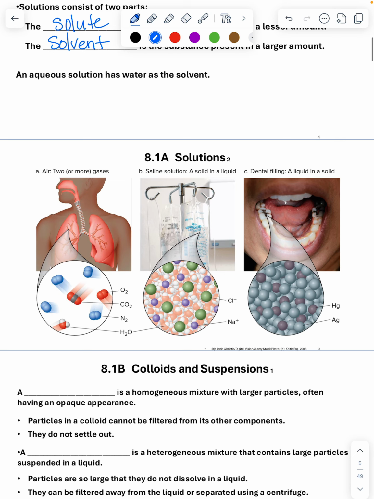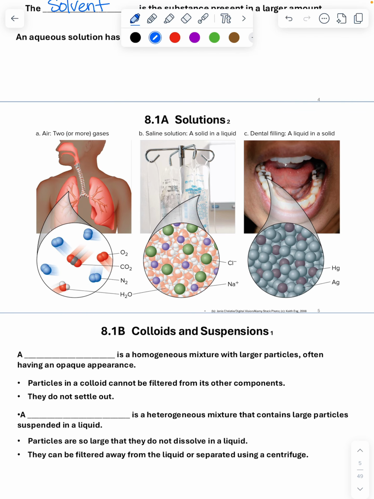The next slide has some examples of solutions. You may not have thought of the air as being a solution, but it is actually a solution of gases. The most abundant being nitrogen gas, and of course there's oxygen gas and carbon dioxide and water vapor, along with some other types of gases. If you've ever been in the hospital or been around someone in the hospital, oftentimes they have an IV bag hanging of salt solution or saline solution, and that is a mixture of salt and water.